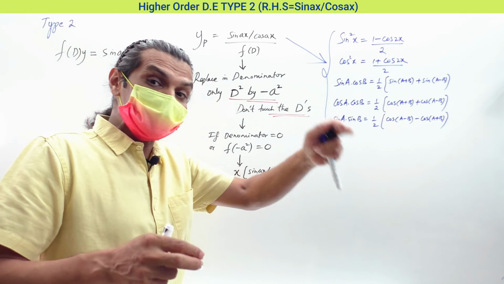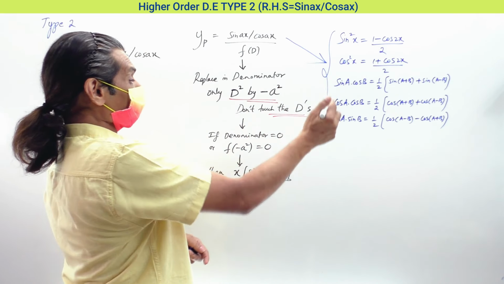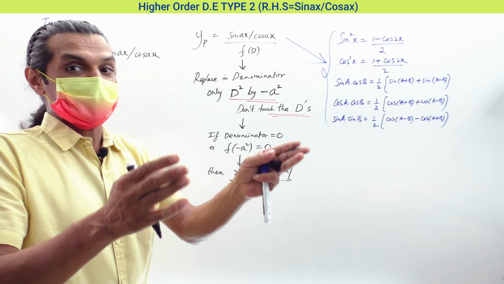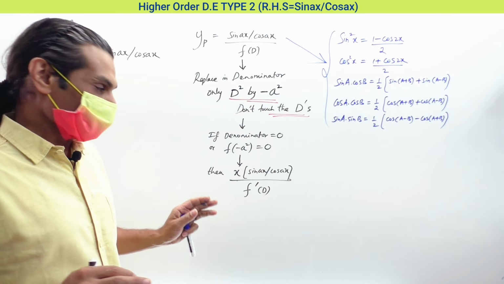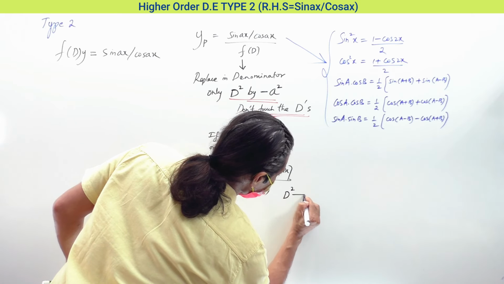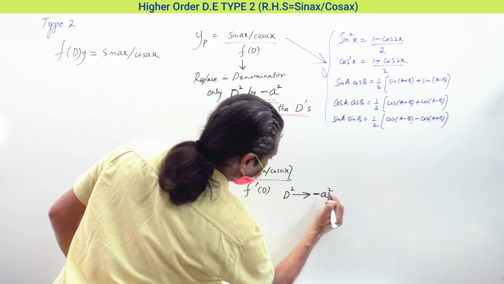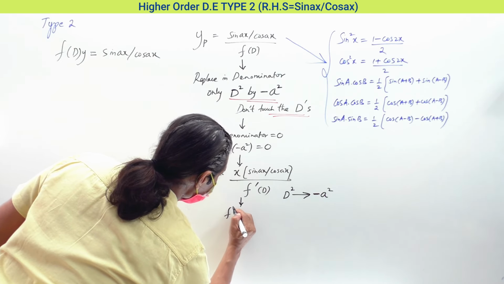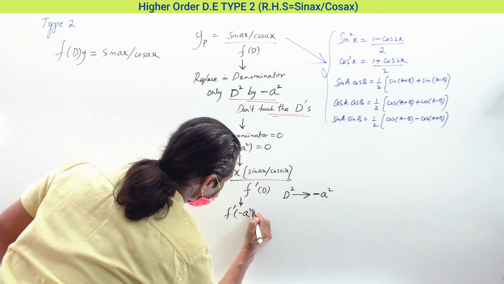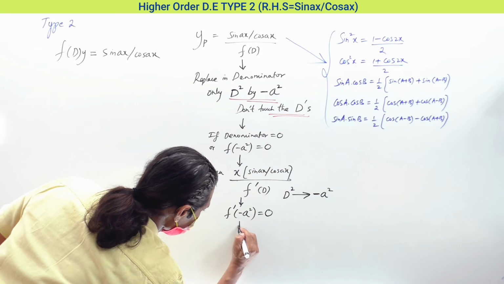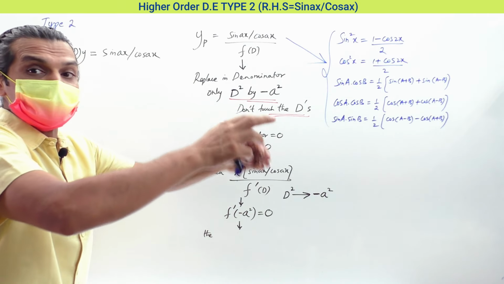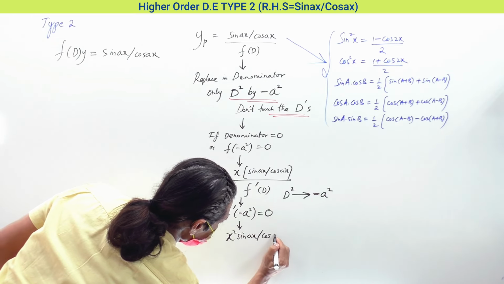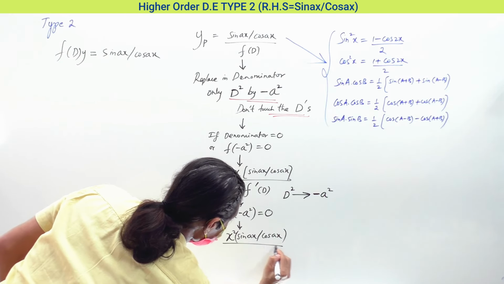When the denominator becomes 0 after replacing D square by minus a square, multiply the numerator by x and differentiate the denominator. Again, if f dash of minus a square equals 0, then multiply the numerator by x again; here it will be x square into sine x or cos x, upon the differentiated denominator.